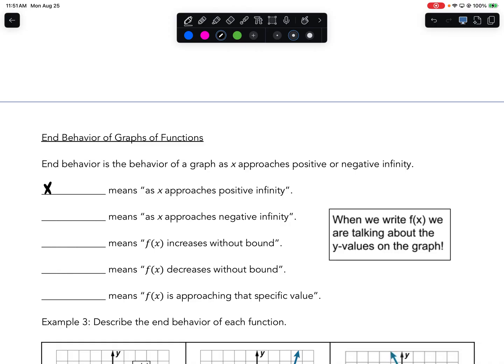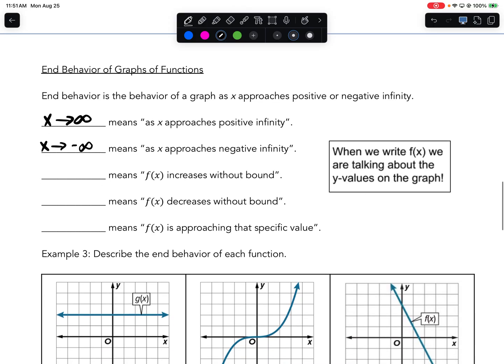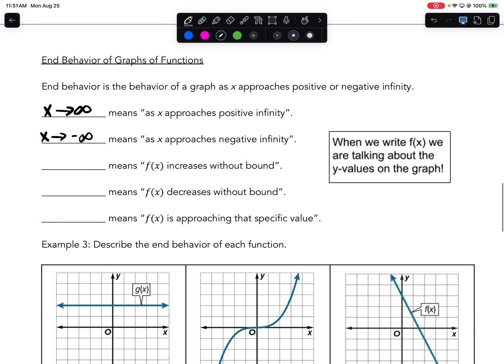So you write x with an arrow like that. That means as x approaches infinity. As x approaches negative infinity, it looks like this. Right, so x with the arrow and negative infinity. So if it increases without bound, that means f of x is really y, right? So don't wig out about that. So we're just going to write as f of x.